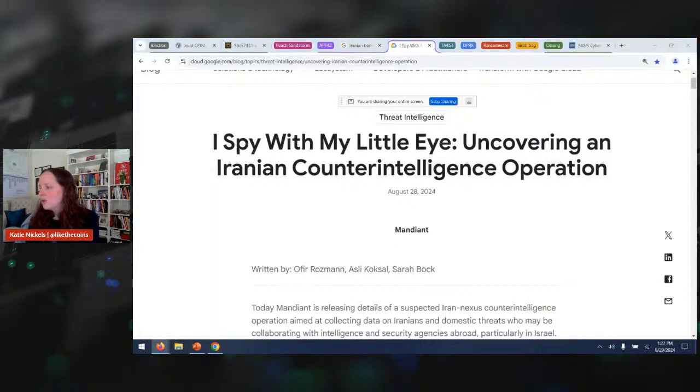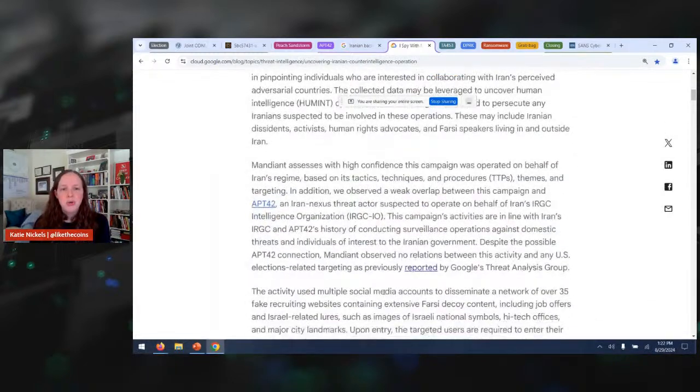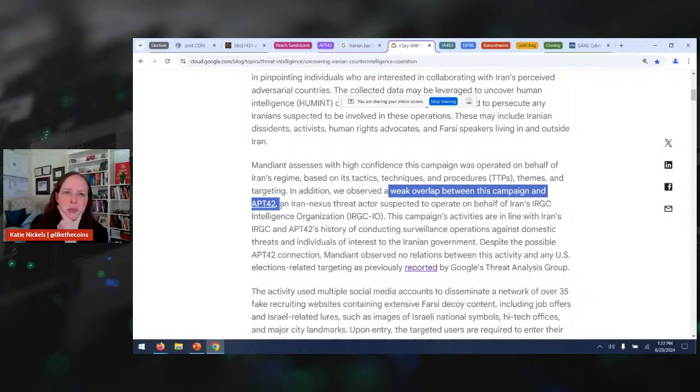Another Iranian flavored one, this one on a counterintelligence operation. Challenge here with the group naming, right? And I have to admit, as I was preparing, I noticed there are all these different Iranian-related blog posts. The nuance here is that this one talks about a group that they assess has a weak overlap with APT42.